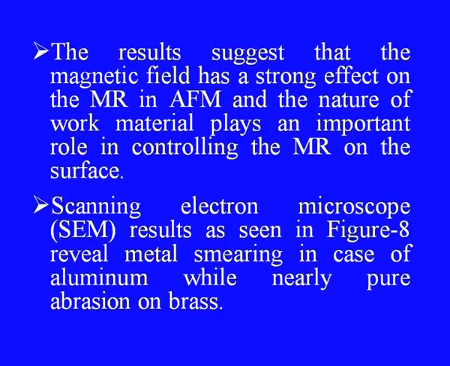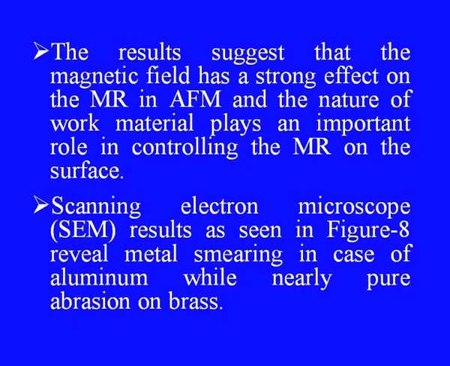The results suggest that the magnetic field has a strong effect on the material removal, and the nature of work material plays an important role in controlling the material removal on the surface.